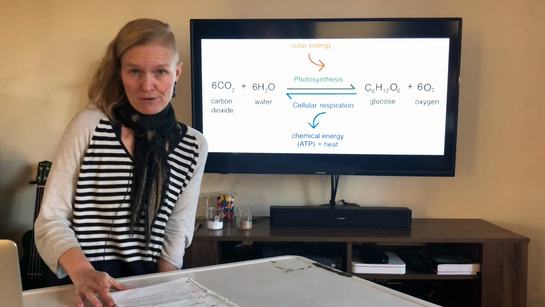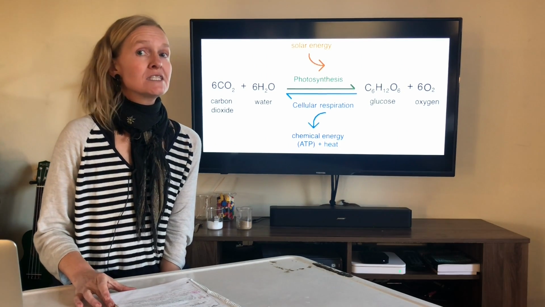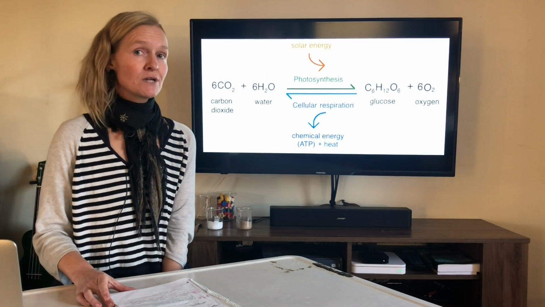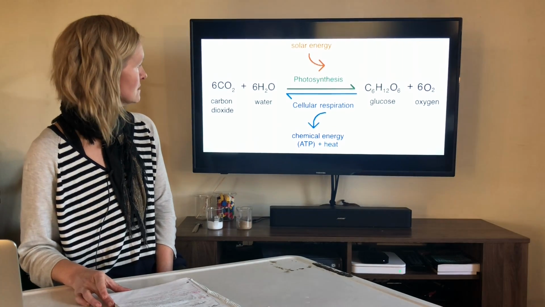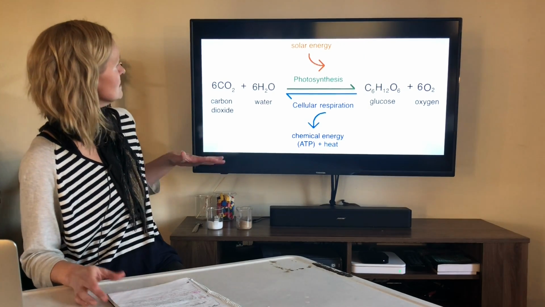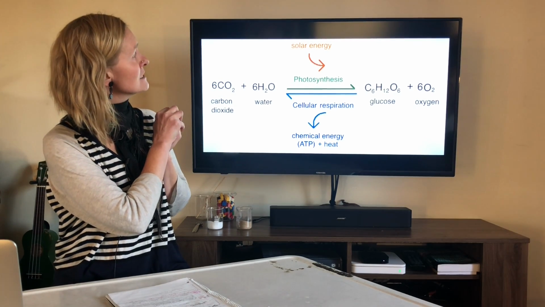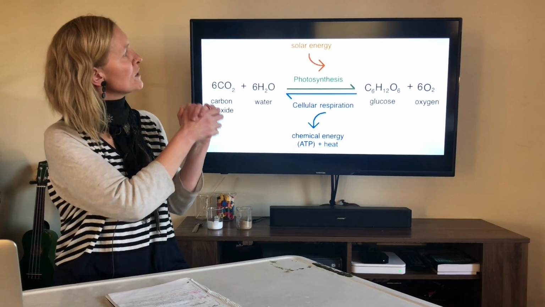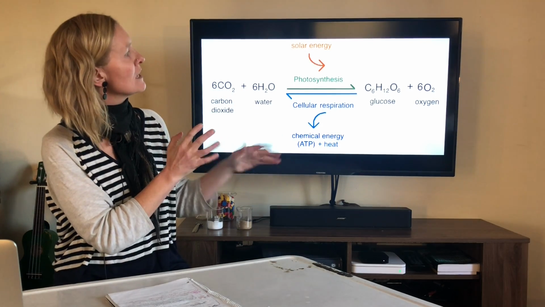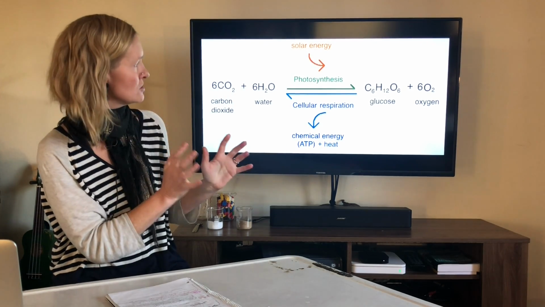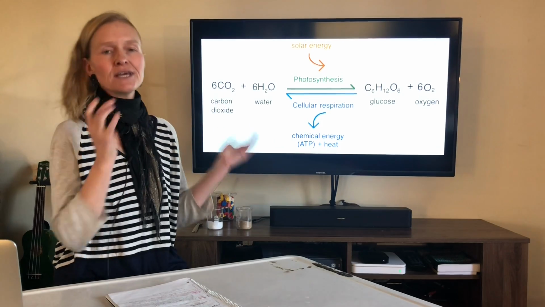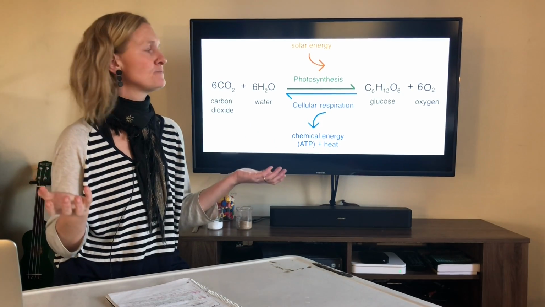We learned about photosynthesis and cellular respiration in our ecology unit. And photosynthesis is when carbon dioxide and water combine, and with the help of solar energy, they form glucose and oxygen. And that's all taking place in the plants.